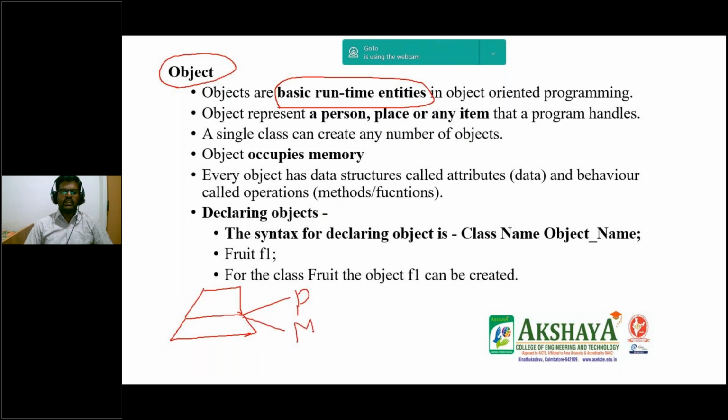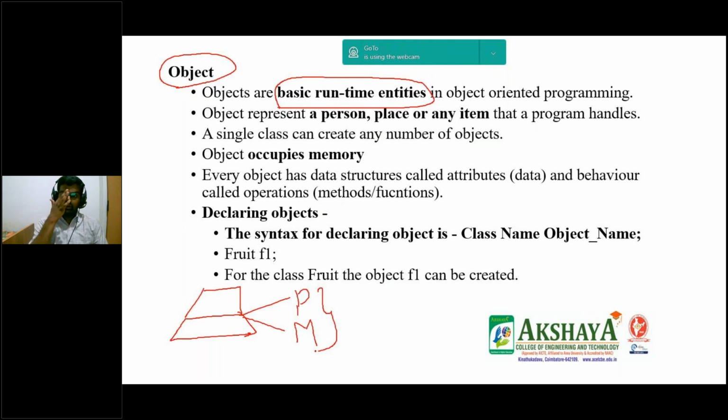P stands for properties, M stands for methods. Properties is nothing but the size of the computer, the model of the computer, then the color of the computer. All this comes under properties. When you go for methods, what are all the tasks you can do with the computer?